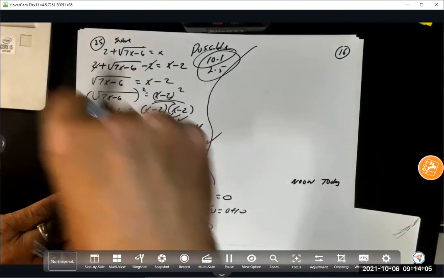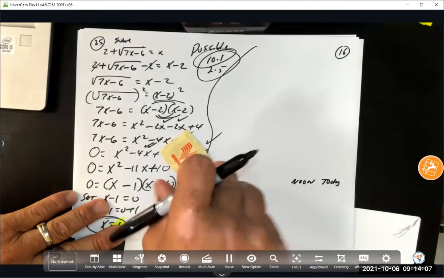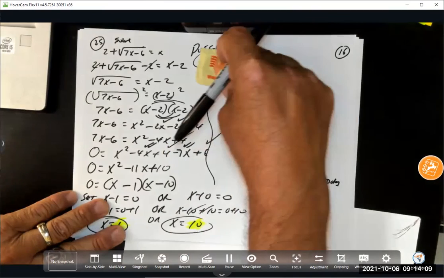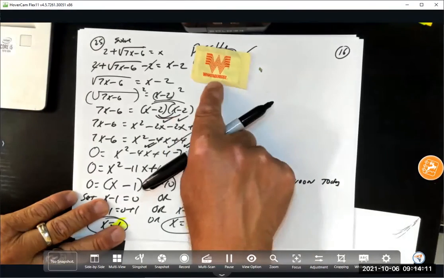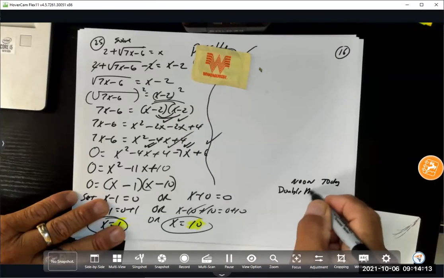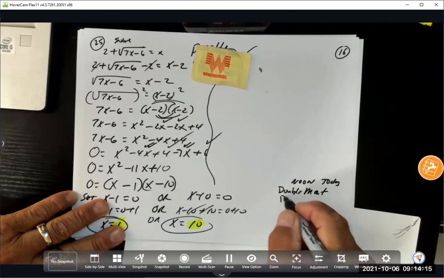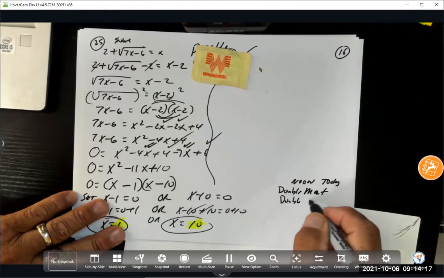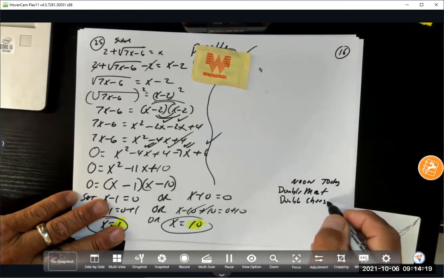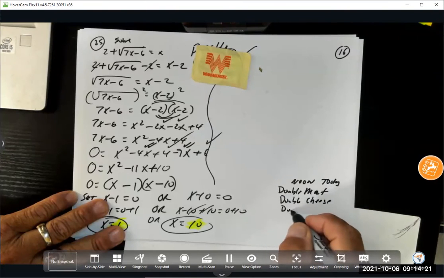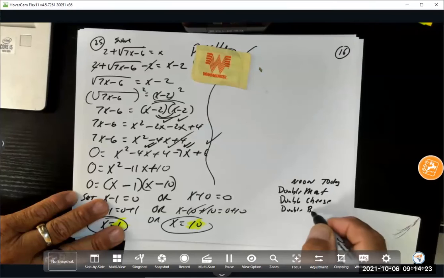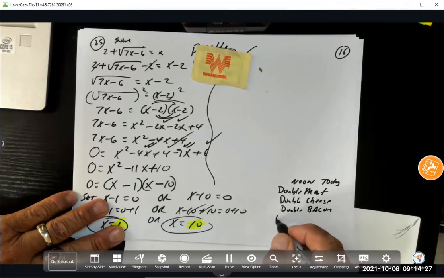Here you go. You go to this place right here and you order a double meat, okay, double cheese, double bacon. What else? Big onion rings.